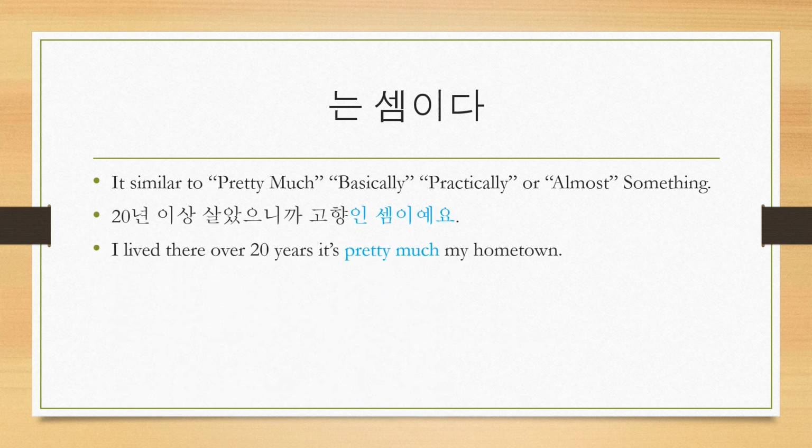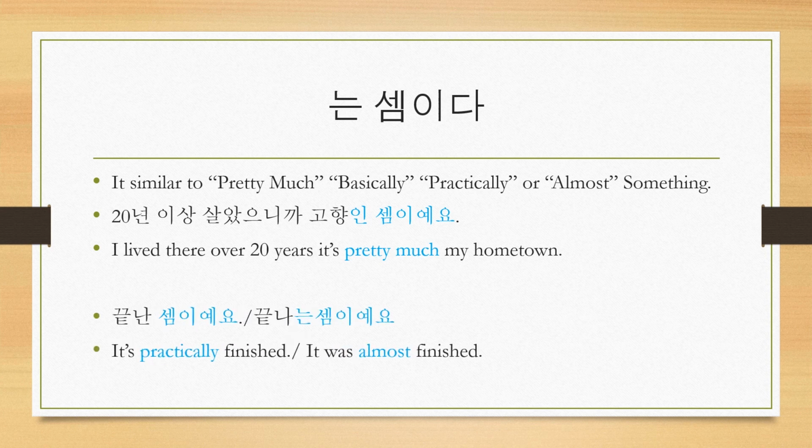So for instance, I lived in Seoul for 20 years. It's pretty much my hometown. It's basically my hometown. It's practically my hometown. So 20년 이상 살았으니까 고향인 셈이에요. So it's basically my hometown because the person lived there for 20 years. It's pretty much his hometown.